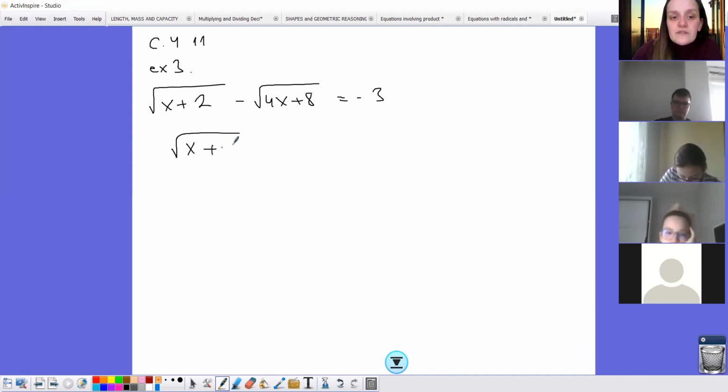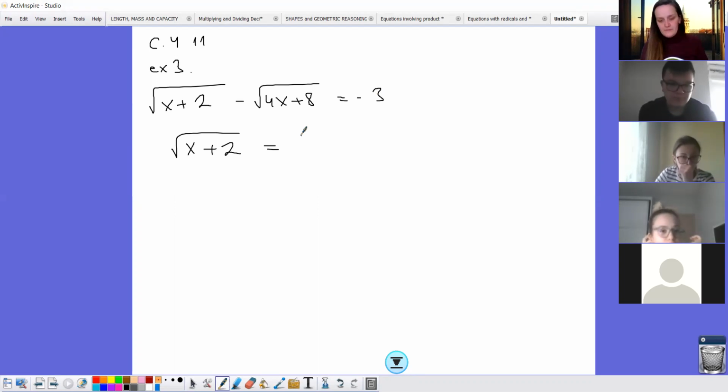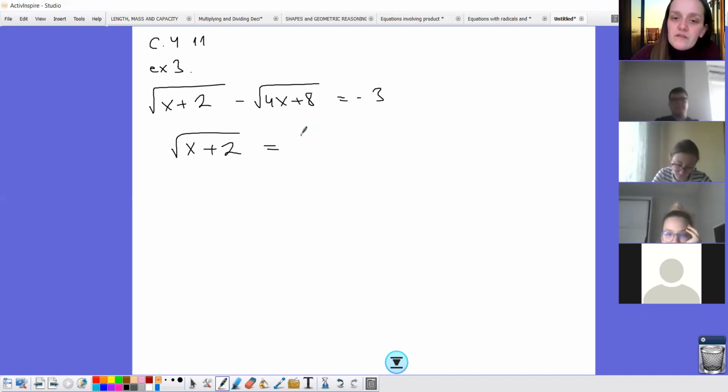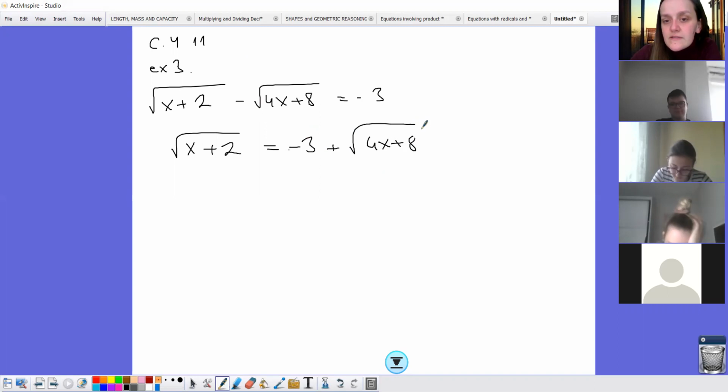Root of x plus 2 is equal to, here we have minus 3. I'm not sure if I've written correctly. Yeah, it's minus 3, not to have those bad numbers. Minus 3, and this one, when I take to the other side, I will have plus root of 4x plus 8, yes?